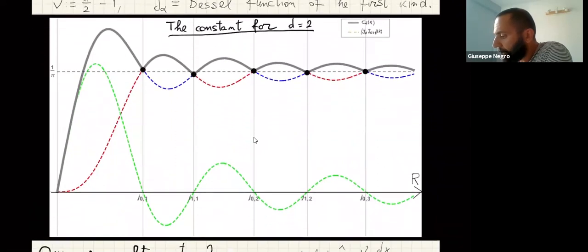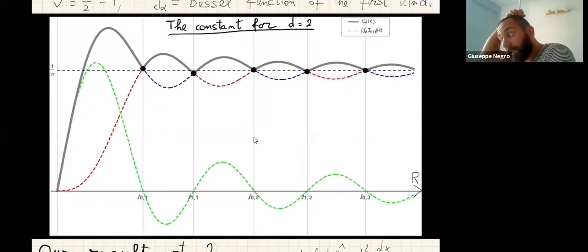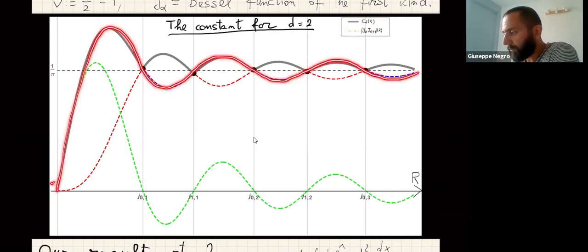Okay, so now let me show a picture. This is the result about the constant. The best constant in that inequality is given by this gray line. You can see that it's not smooth because there are points at the zeros. So remember, there is a function which is the product of two. Its sign tells you which of the two branches you have to choose, this one or this one.